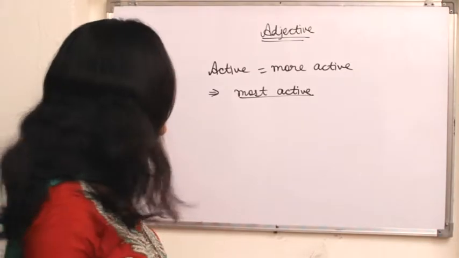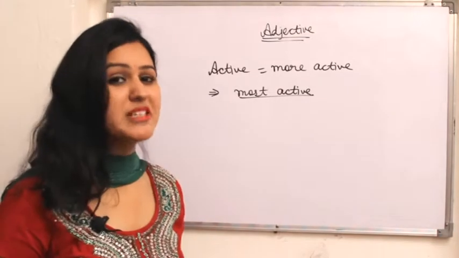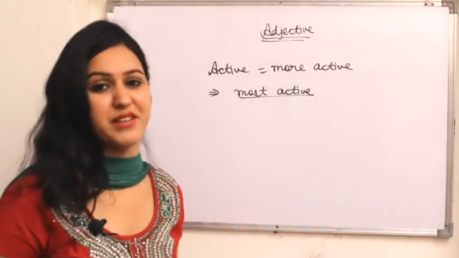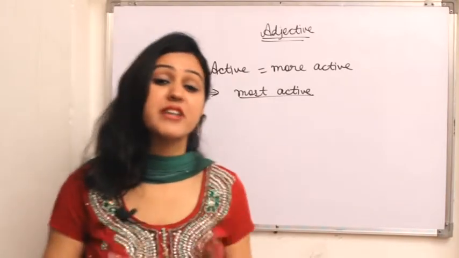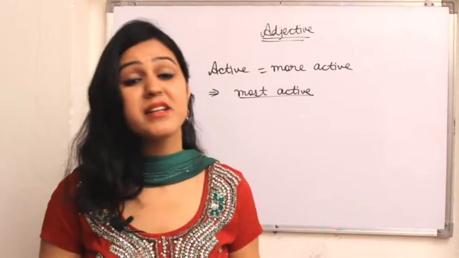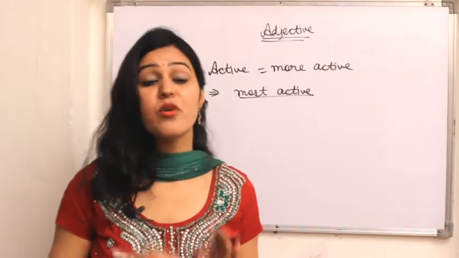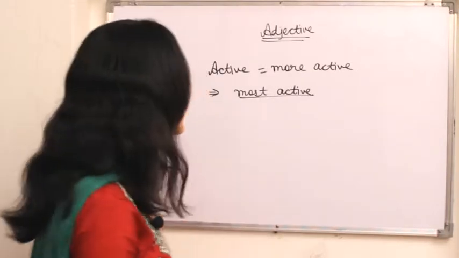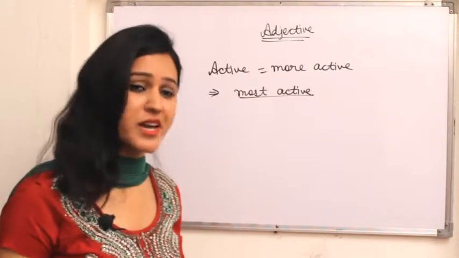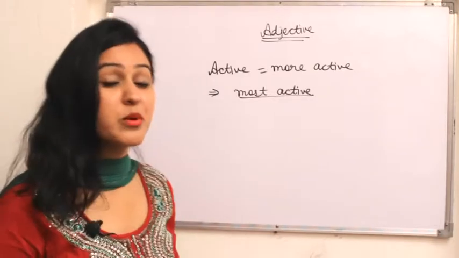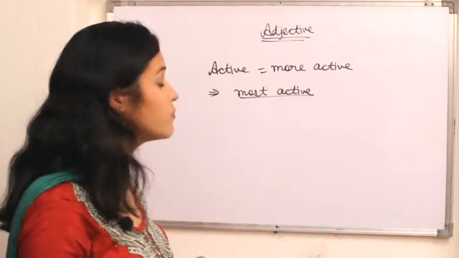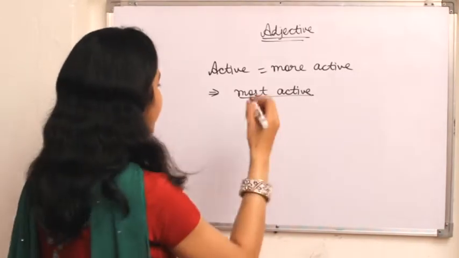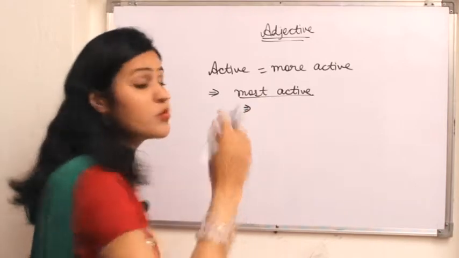So here most active is counted as superlative degree, because now we are talking about more than two. We are comparing more than two, just like four, three, a number of. Okay, so this is counted in plural terms. So here I am talking about most active. It means that this is counted in superlative.